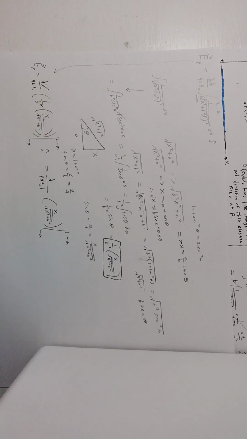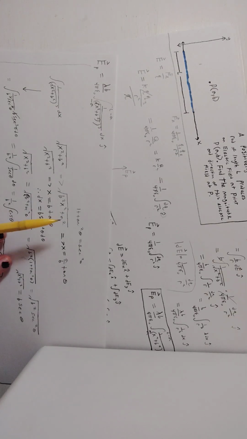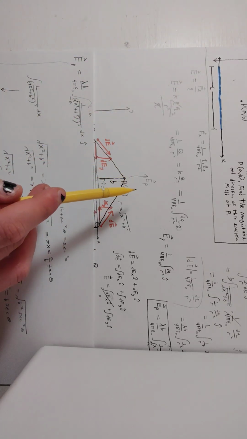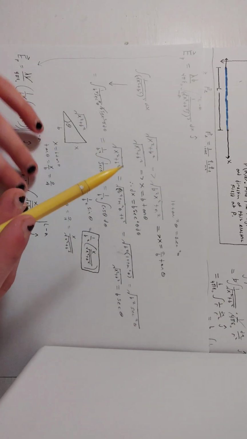This is what we have, in the j hat direction, of course, because again, electric field goes in the positive j hat direction, which makes sense because like charges repel. The direction a positive point charge moves is away from the positively charged rod. Like charges repel. Positive j hat direction.